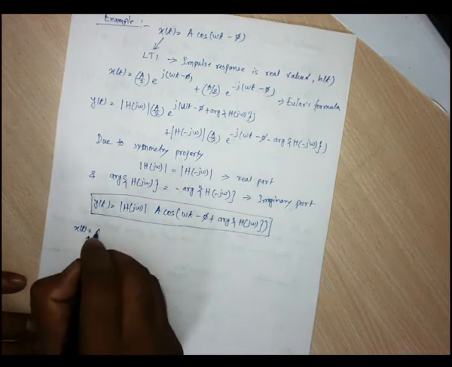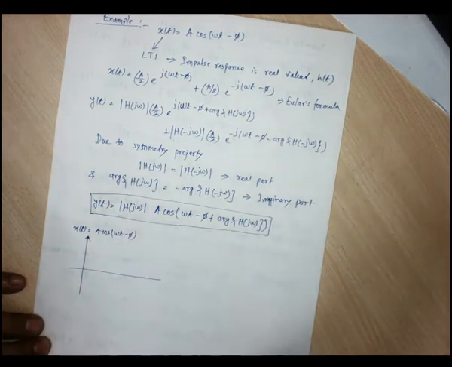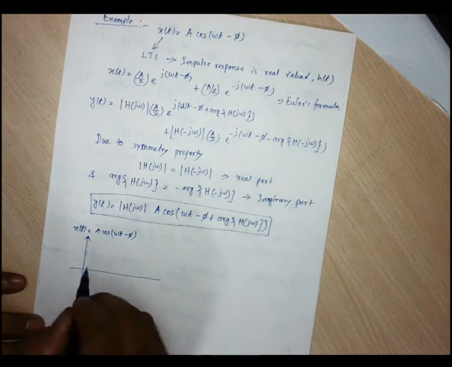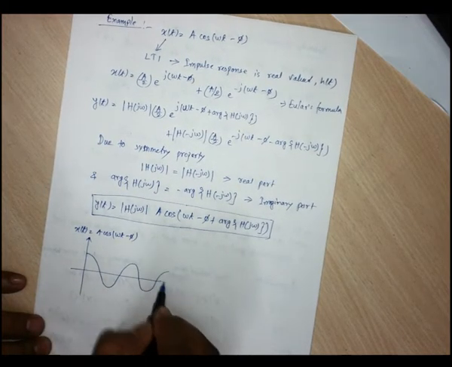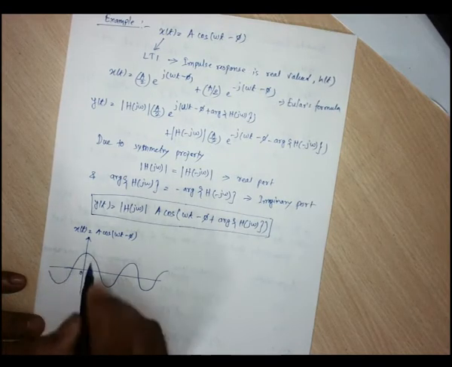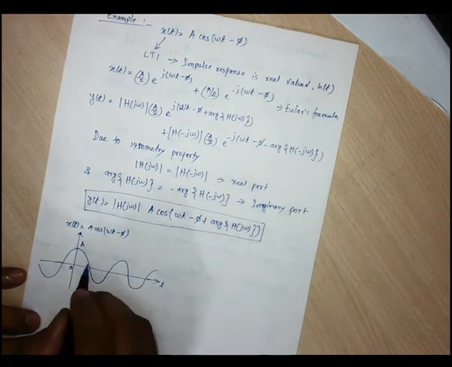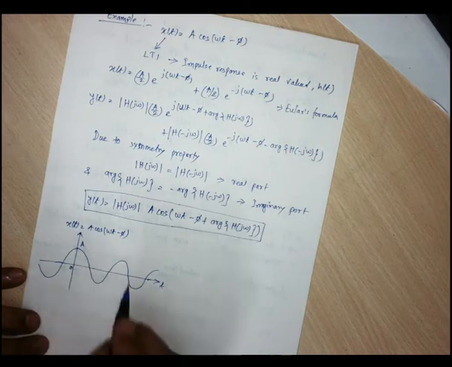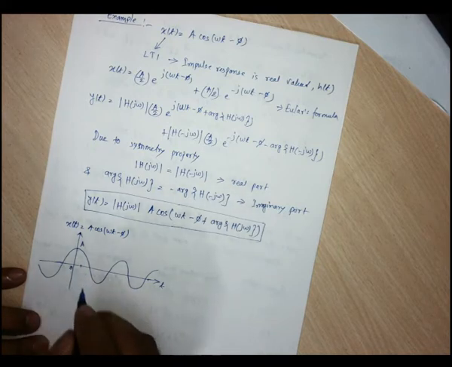X of t is A cos omega t minus phi, so it is a cosine function, right? So something like this. Okay, if it is 0, then like this. So this is A. If we go along this time axis, then at any point the time can be found out as phi by omega, right?